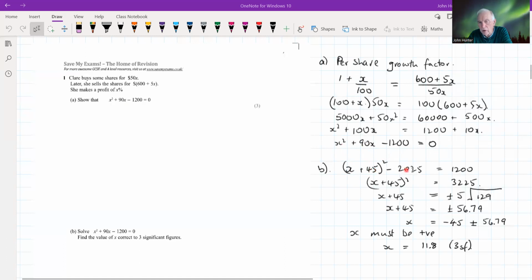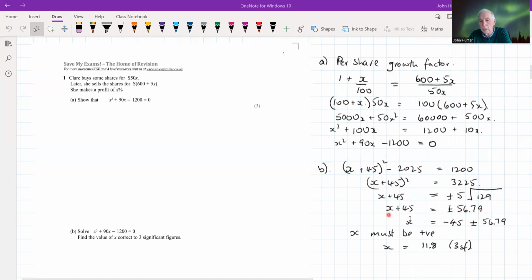So we need to subtract that off. So this expression now is the same as these first two terms here, and I've added 1200 to both sides of the equation. So that gives us this, which, taking the square root, gives us x plus 45 equals plus or minus 56.79.